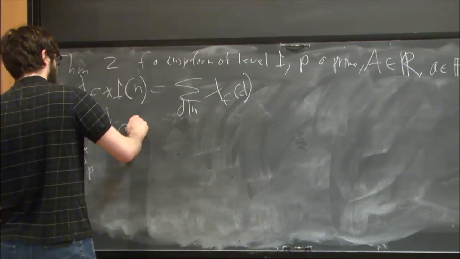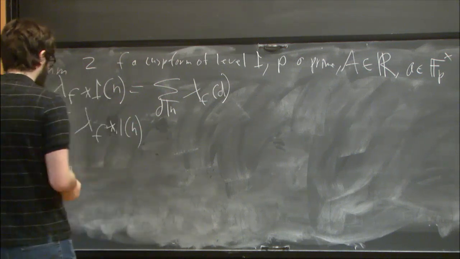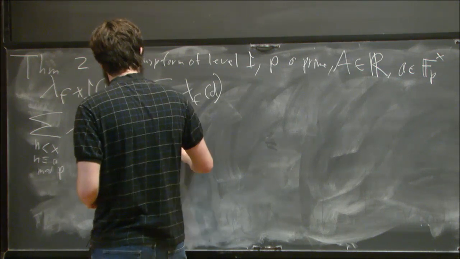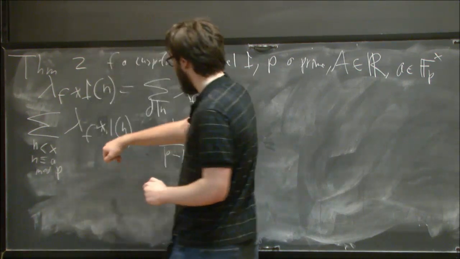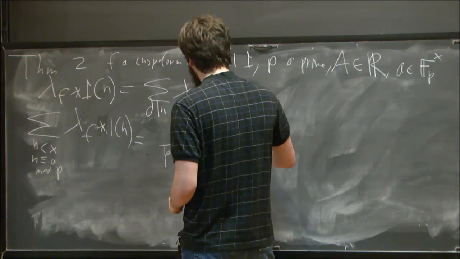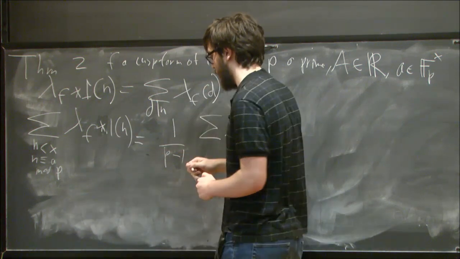If we sum this function over an arithmetic progression of everything congruent to a modulo p, this is equal to the main term you expect, which is just the average over all arithmetic progressions that are not multiples of p.